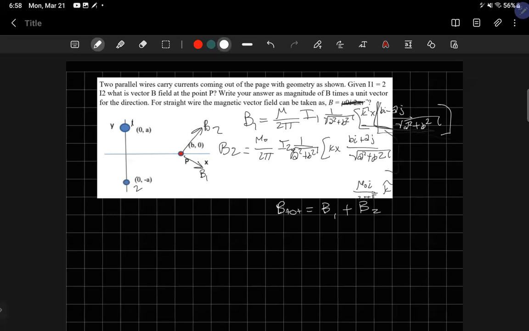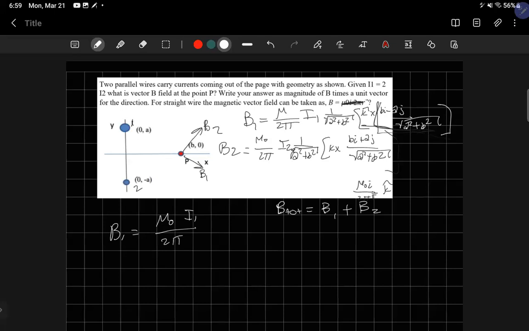Now I'm going to move some of this down. So B1 is going to simplify to mu naught I over I2. Can I do that? Yeah, I think that'd be simpler.